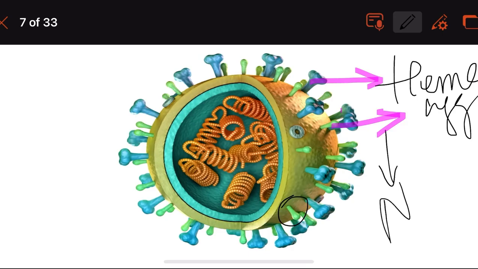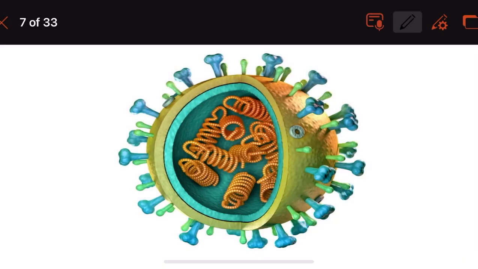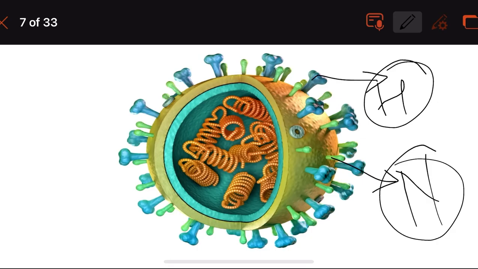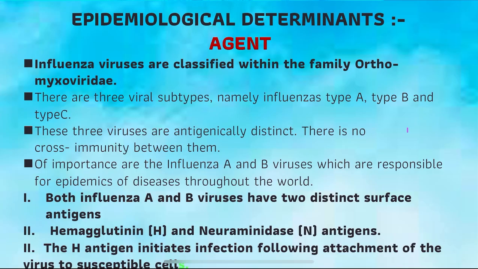You can see the neuraminidase antigen, the green color one. You can remember it as H and N. We are going to discuss the subtypes in this. This is the H antigen and this is the N antigen. Hemagglutinin and neuraminidase antigens.